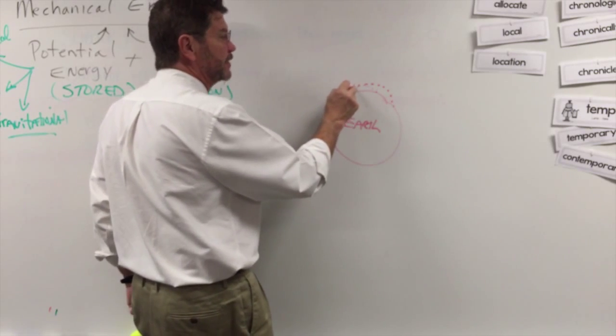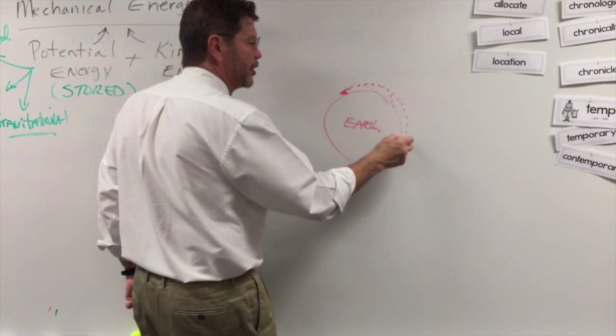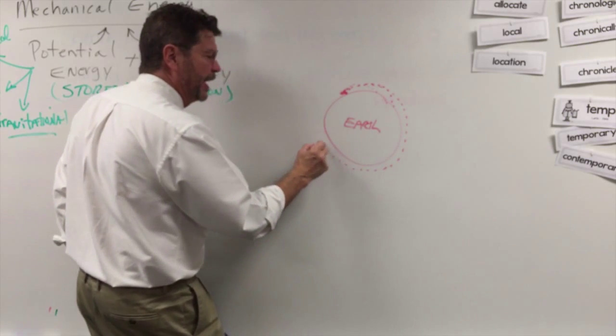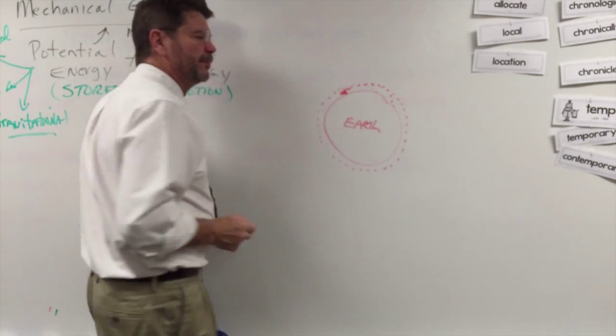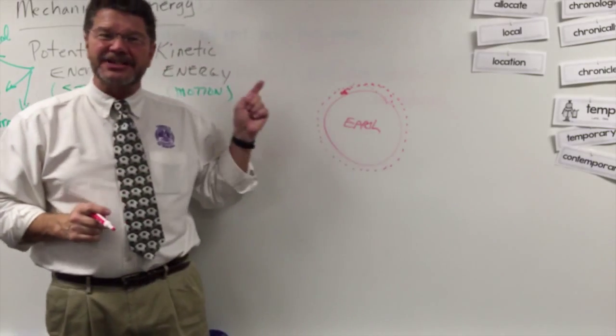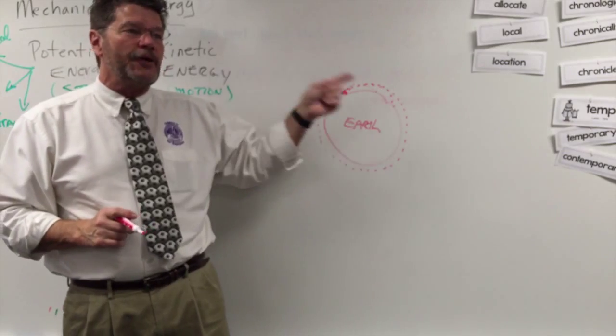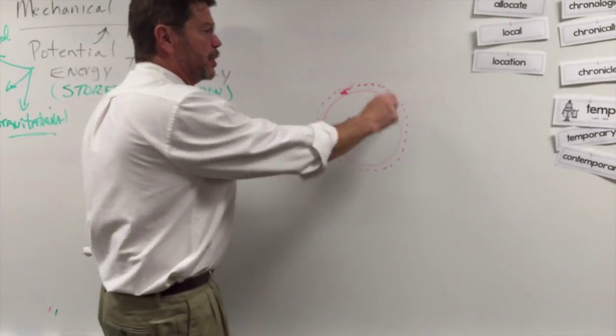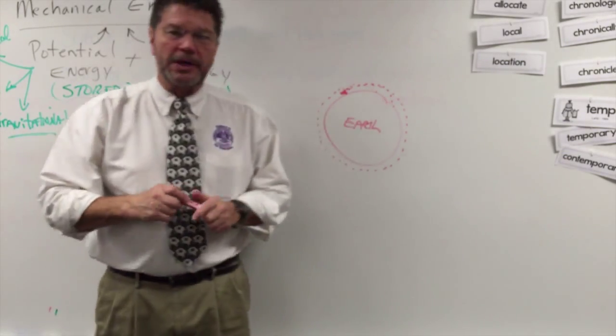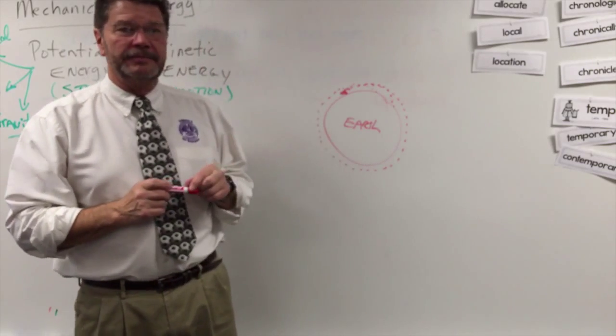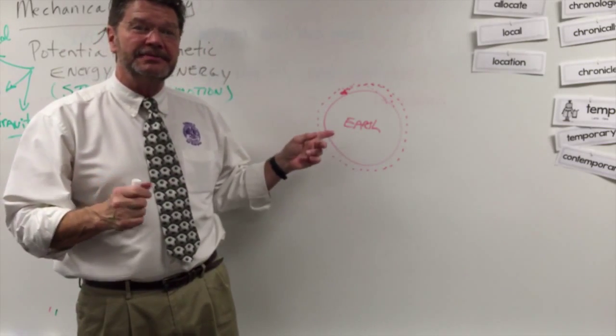If you shoot it hard enough, it can keep going and fall and come all the way back here. And if you shoot it hard enough and fast enough, it'll keep going, so it's actually falling and going forward and being pulled down. And this is what spaceships do. That's what it is when you orbit the Earth. Got it? Memorize it? Cool.